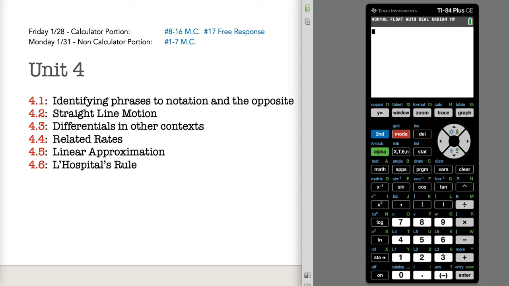I was asked this morning before you guys came in what the calculator questions on the test would look like. Whether it would just be me asking you to find the derivative or something like that on the calculator. I guess my easiest answer is you're going to get the exact same questions you would on a non-calculator test.